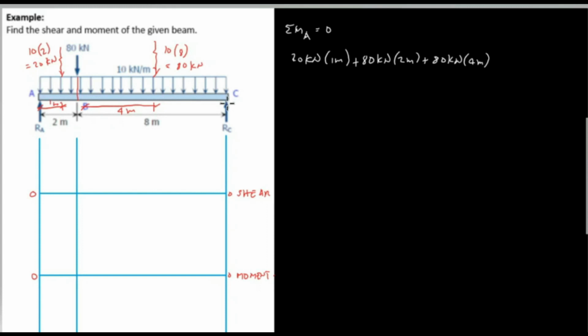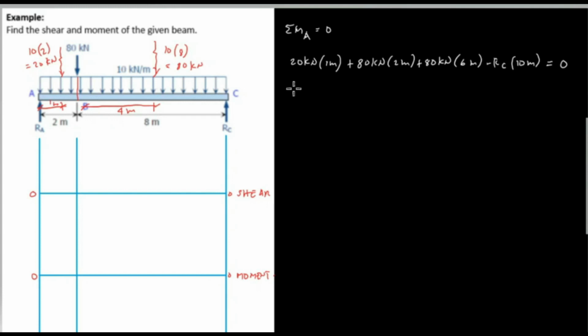At point C, we have a reaction C. So reaction C, RC, and the distance from C to A is 8 plus 2 or 10 meters. So this is 10 meters, and the direction of RC, upward direction, which is counterclockwise, therefore it is negative sign and equal to 0. Simplify.